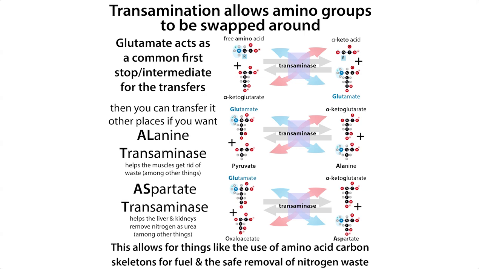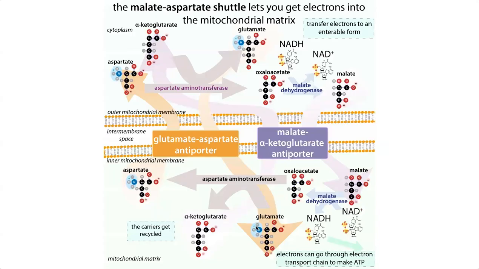But here what's happening is we're taking an amino group from glutamate and we're passing it on to oxaloacetate. This generates aspartate and leaves you with the remainder, alpha ketoglutarate. Aspartate can get passed through in exchange for passing in a new glutamate. So you take out the aspartate and you take in the glutamate that you need to do this reaction again.